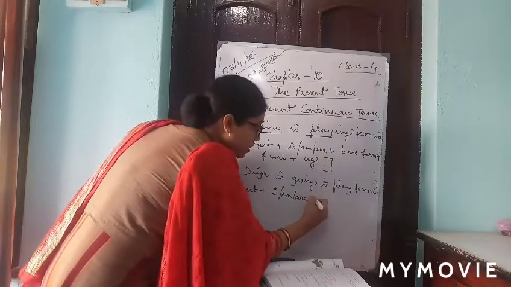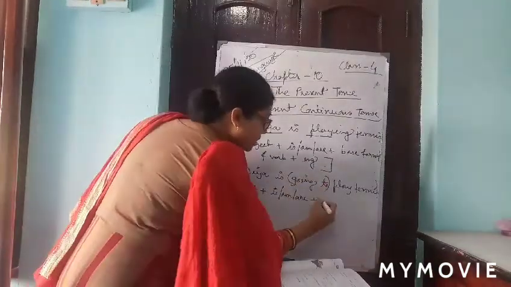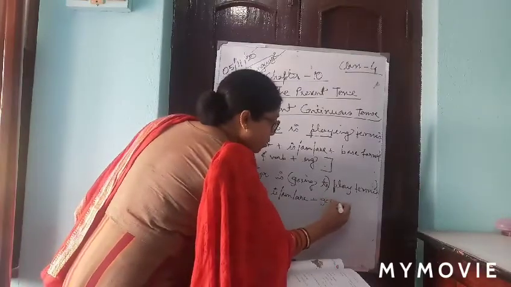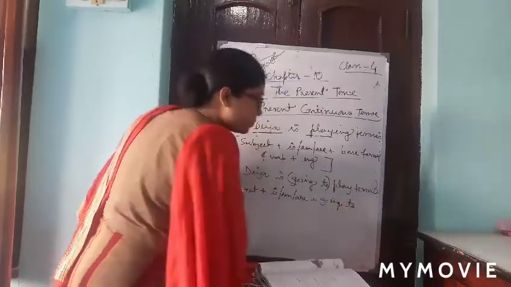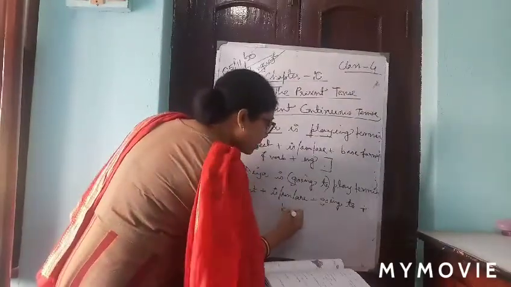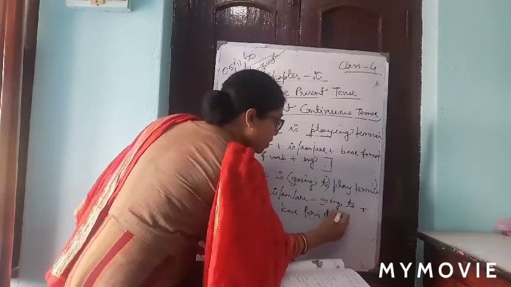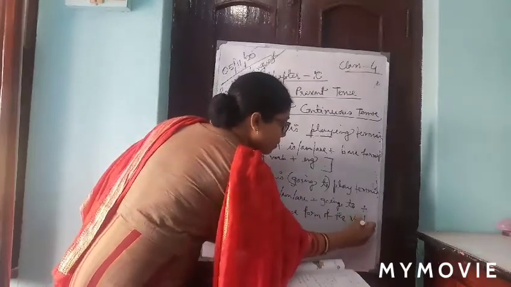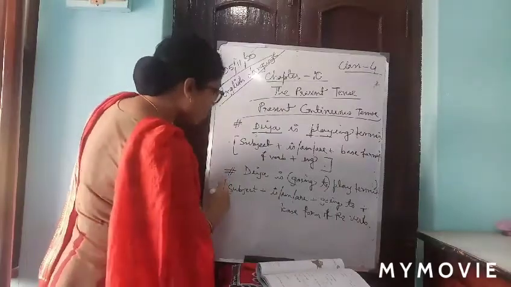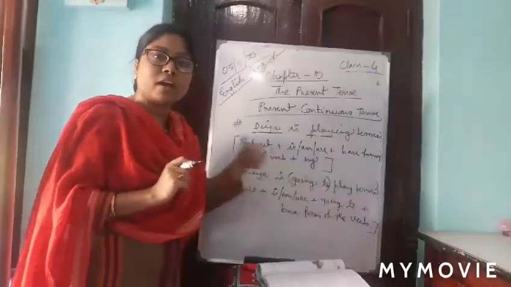After that you see this part is added, going to. After that it is going to, then the base form of the verb. Here ing is not there, base form of the verb. Here you see there is no ing with the verb. Before the verb, going to, in every sentence we have to use.